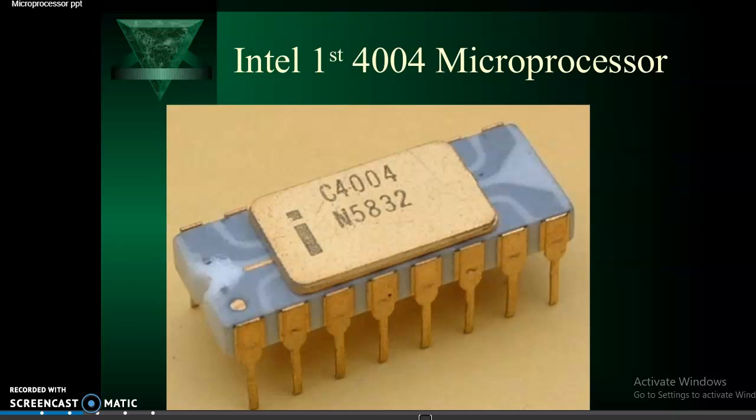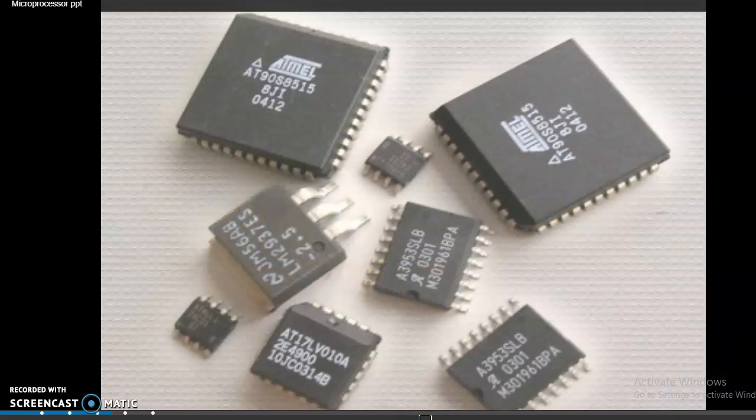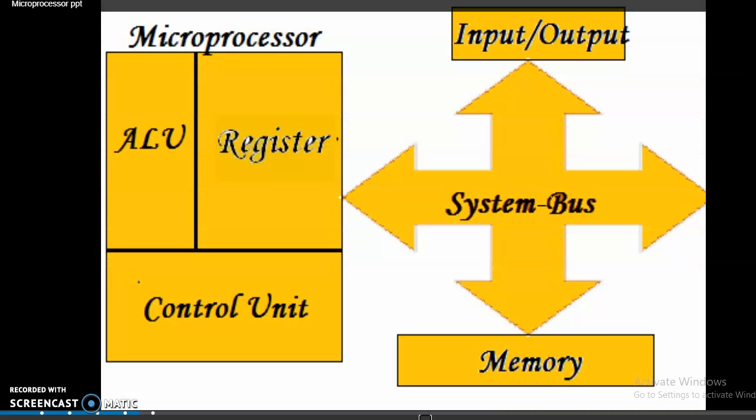On that picture you can see C4004. This is the number of the microprocessor or IC. These are example images of microprocessors. Various companies have launched their own microprocessors or ICs, for example, Intel, Motorola, and so on.